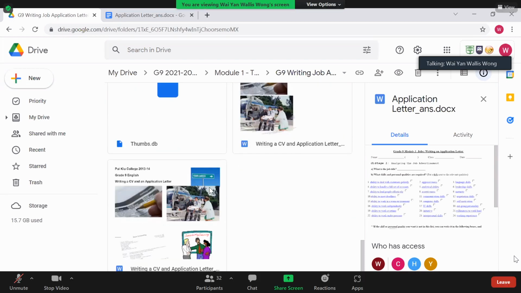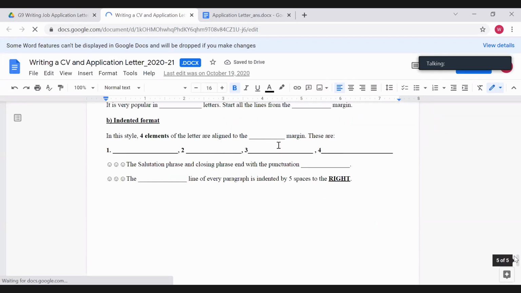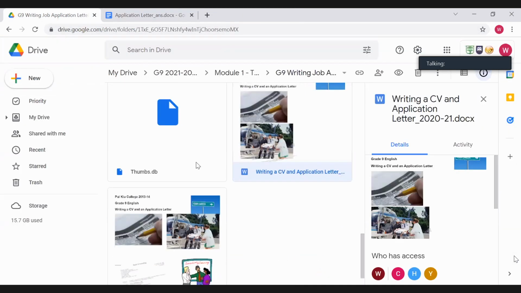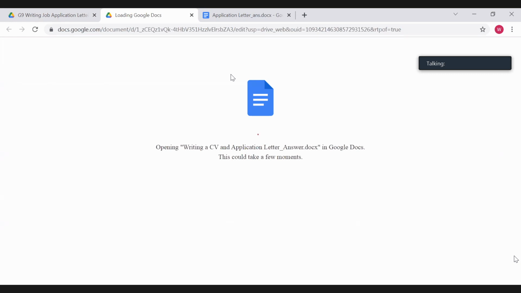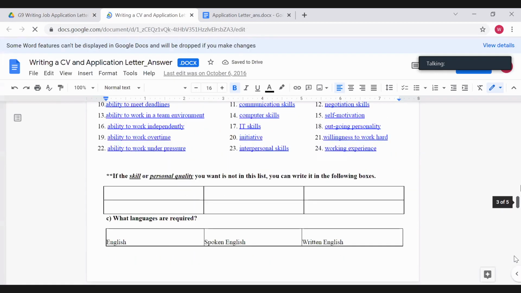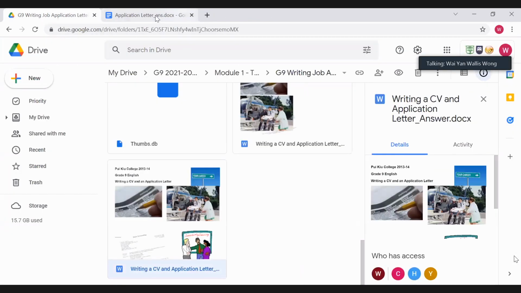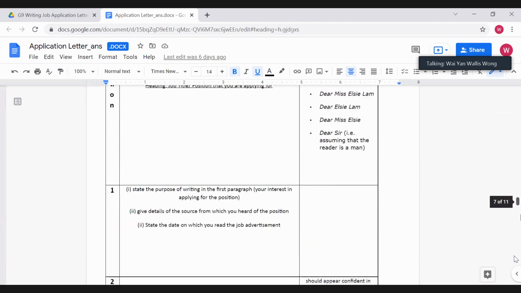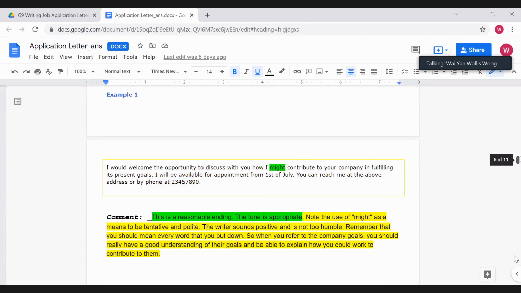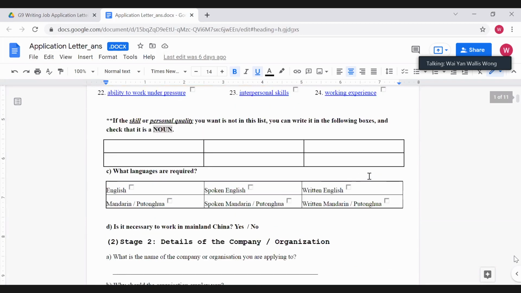Why I say that is because many of you just write down some words without proofreading or double checking, and many of you just write down brief information.